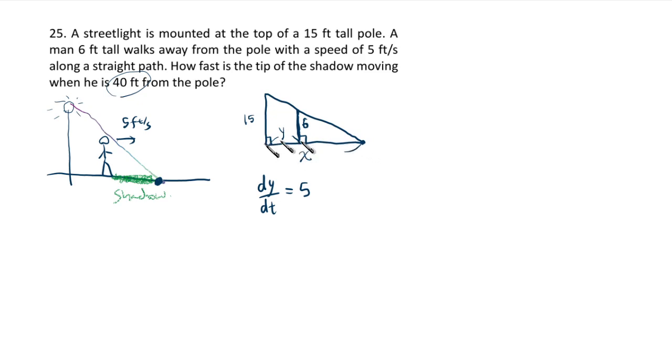This length, x, rate of change of x is what I need to know, and rate of change of y is what's given, okay? So the question is, what is dx dt when he is 40 feet from the pole, so y equals 40. That's the question.